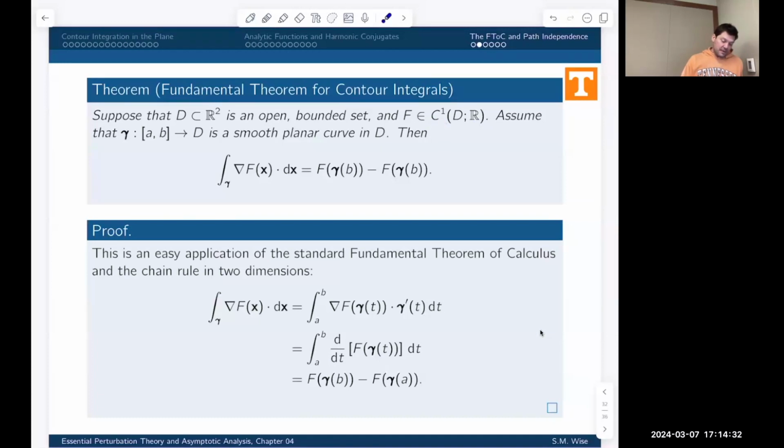Assume that gamma is a real smooth planar curve in D. Then we're going to prove that the path integral of gradient f of x dot dx is equal to f evaluated at gamma b minus f evaluated at gamma a.